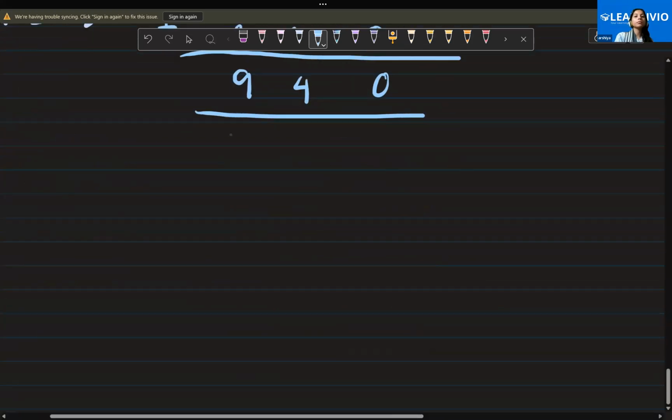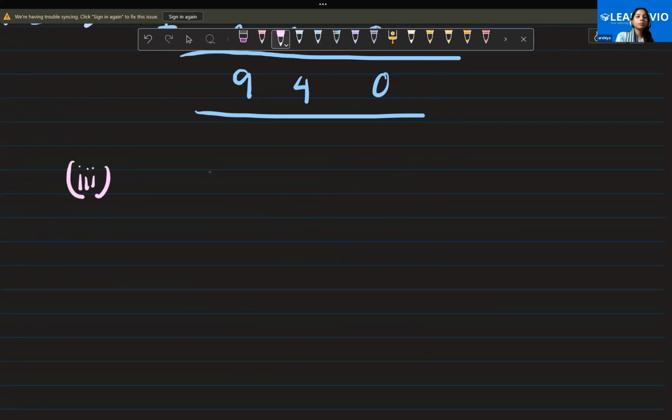Okay. 632 times 3, and you have to write it in the same way. Solve this in the same way. Okay, ma'am.